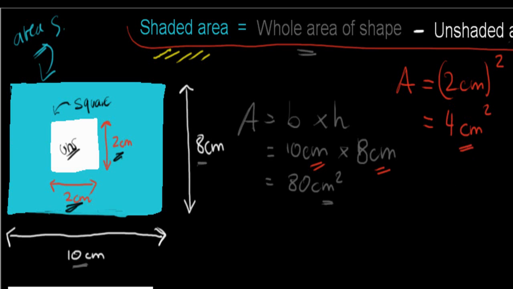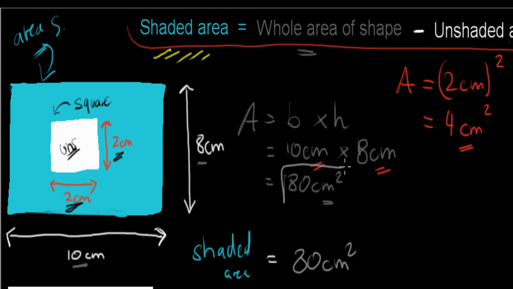Now to get the actual shaded area, remember that was the whole point, the shaded area. We said that we will have the whole area, which we said was going to be 80 centimeters squared, because we calculated that right here. And we're going to take away the unshaded area, which was what we calculated here in red. That was 4 centimeters squared.